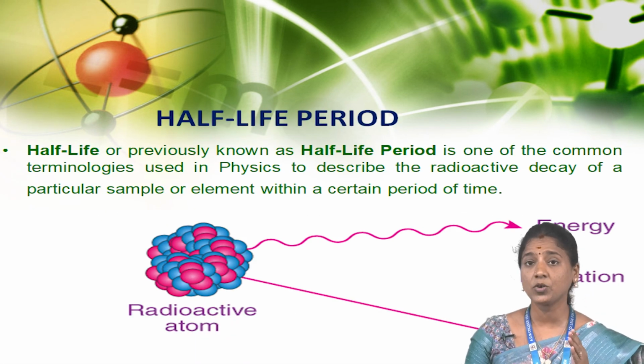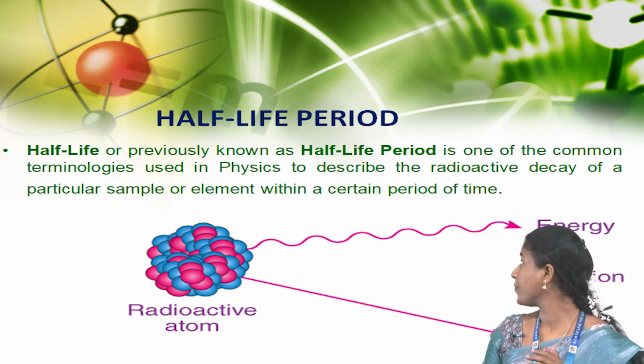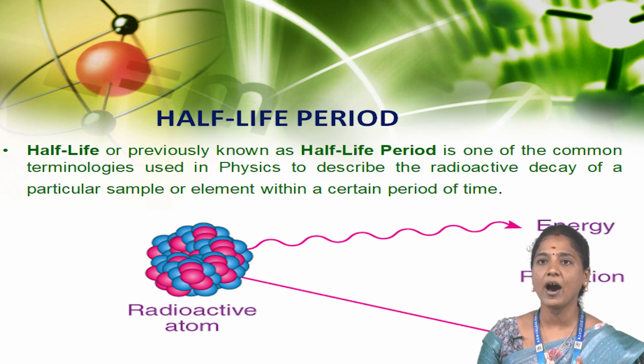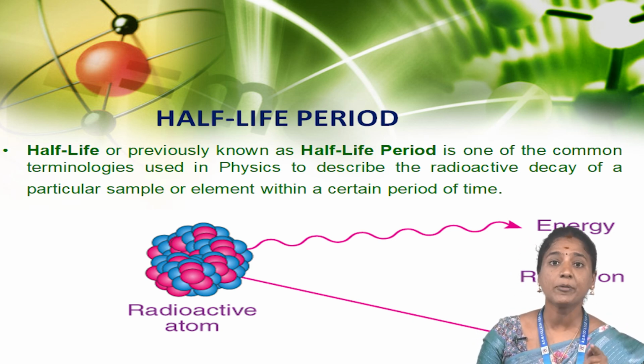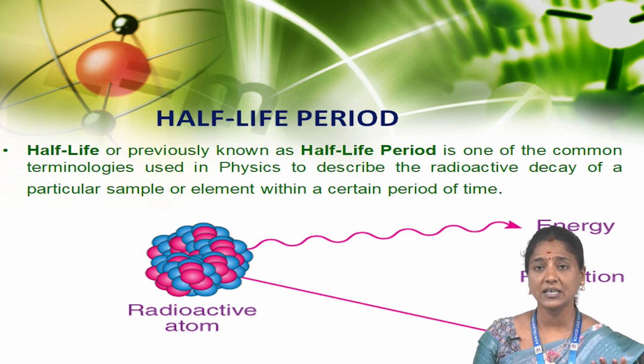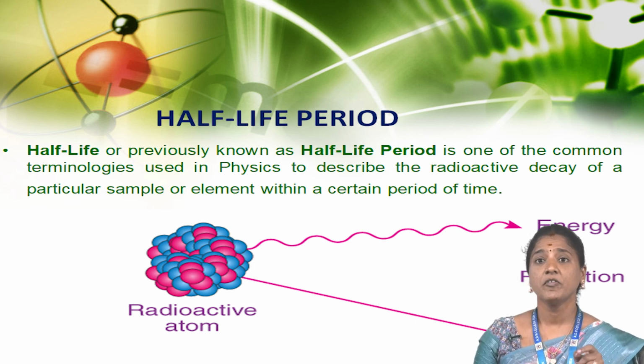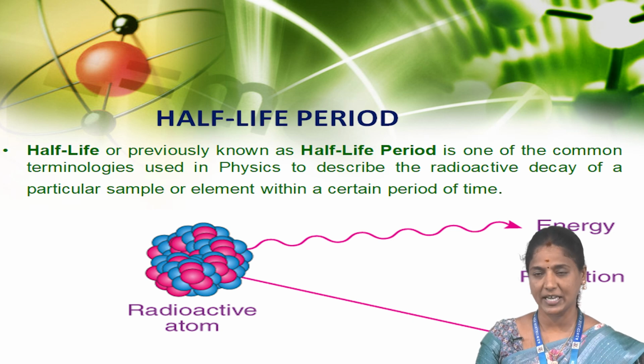Next one is a very important one, half-life period. Half-life, also known as half-life period, is one of the common terms used in physics to describe the radioactive decay of a particular sample or element within a certain period of time.